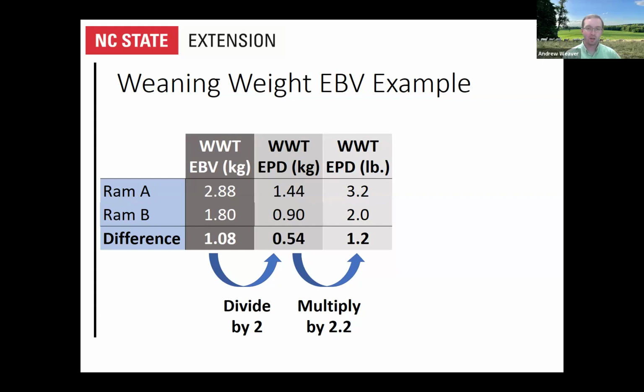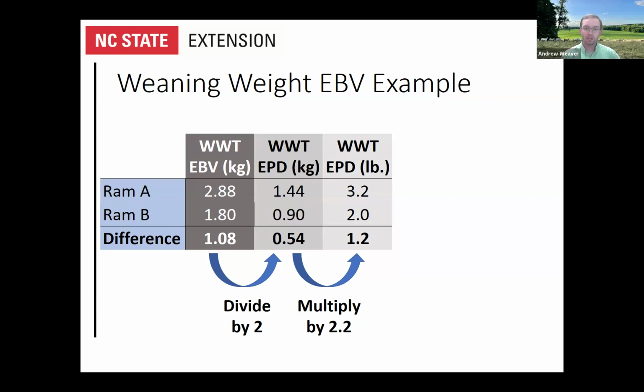So if we convert that weaning weight EPD to pounds, we simply multiply by 2.2. So we're dividing by 2 to get to the EPD, and then we multiply by 2.2 to get it into pounds. And so we're now looking at Ram A. The expected progeny difference there for Ram A would be 3.2 pounds.